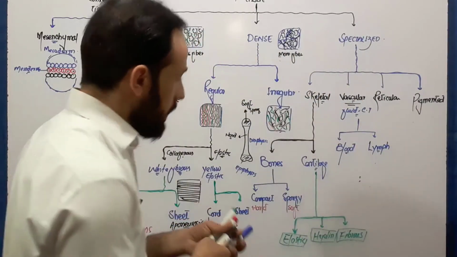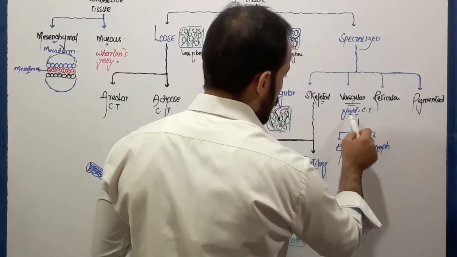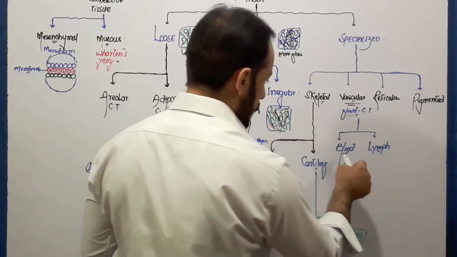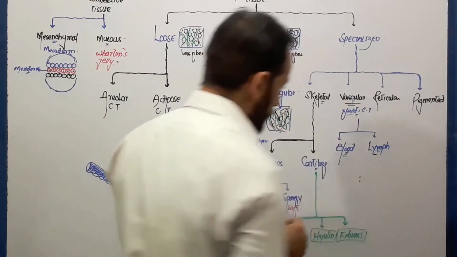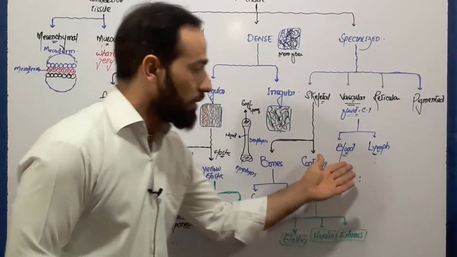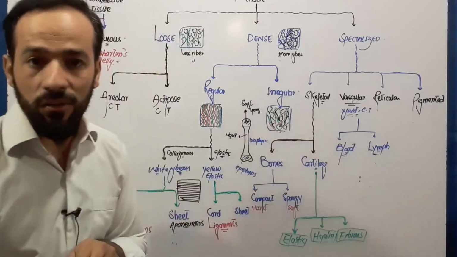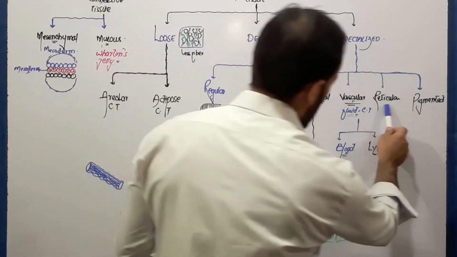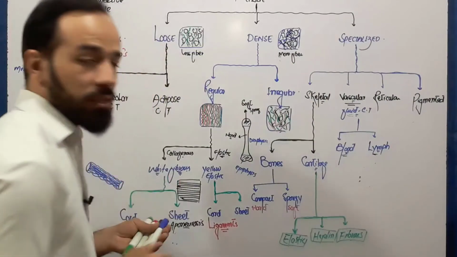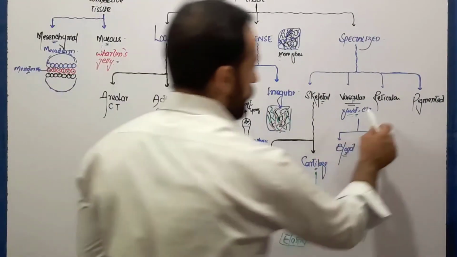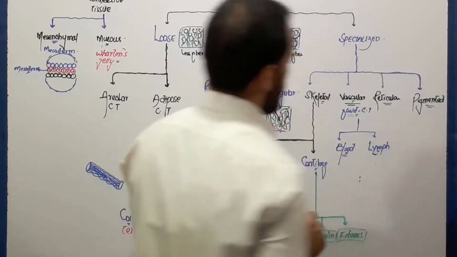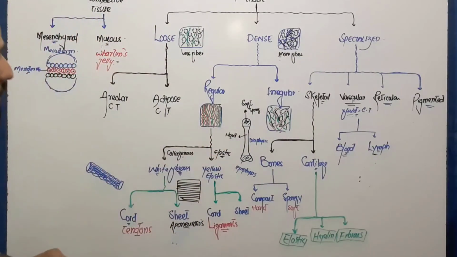So the vascular or fluid connective tissue in our body is the blood and the lymph. We will have lectures on the blood, and on the lymph also, right friends? And then there are the reticular and pigmented connective tissue, which will also be discussed.